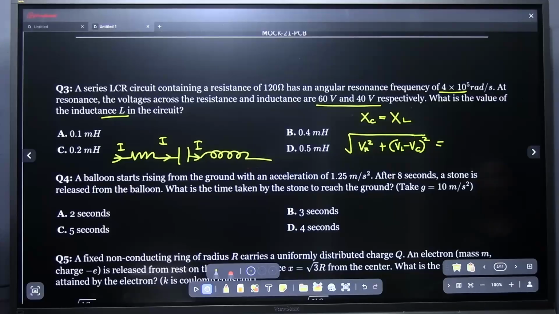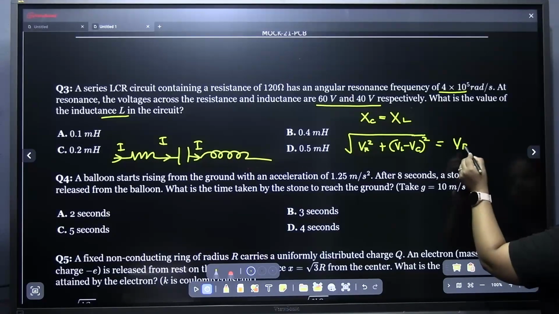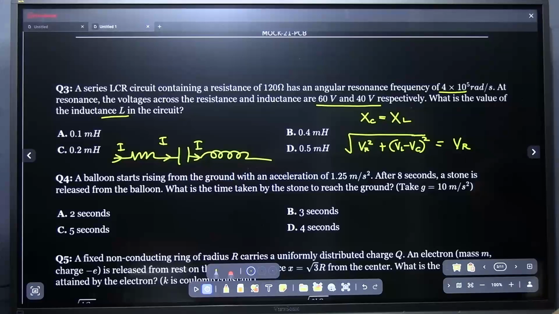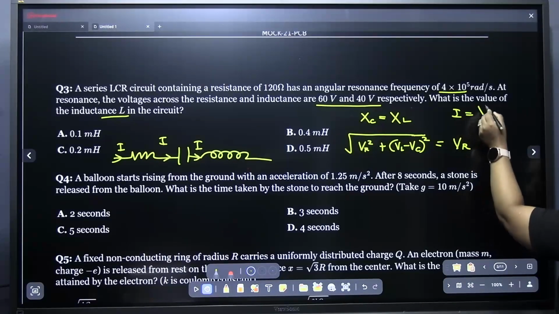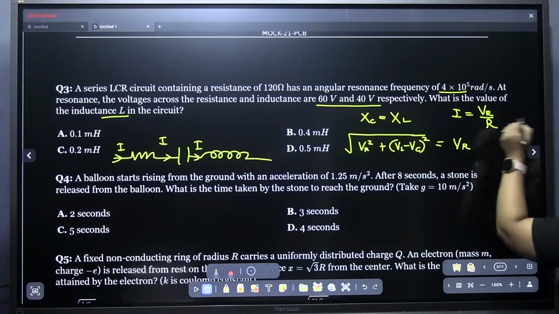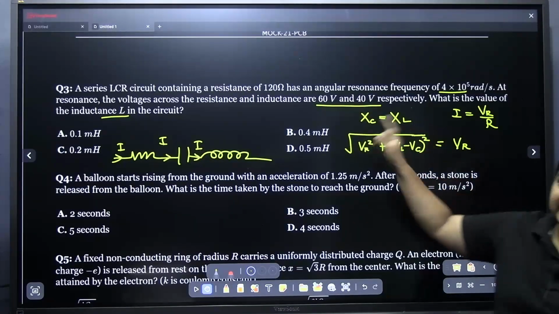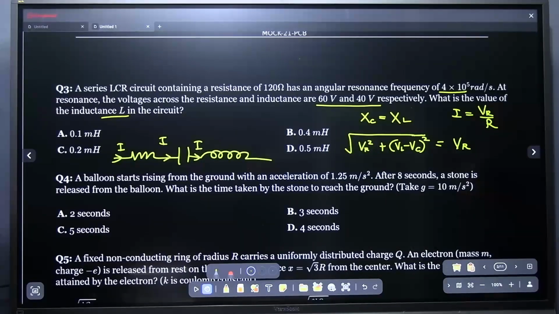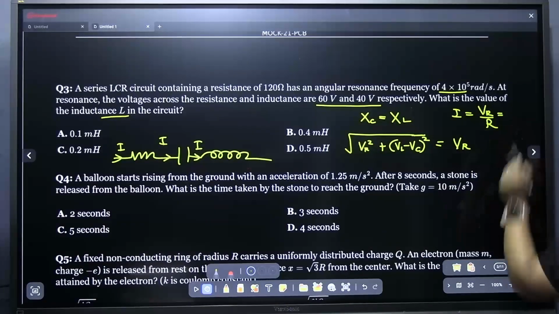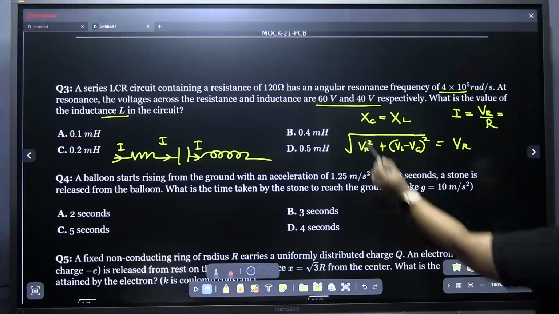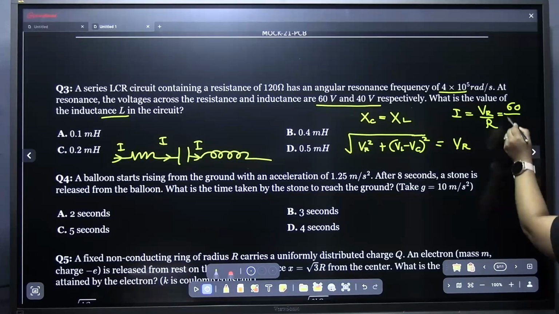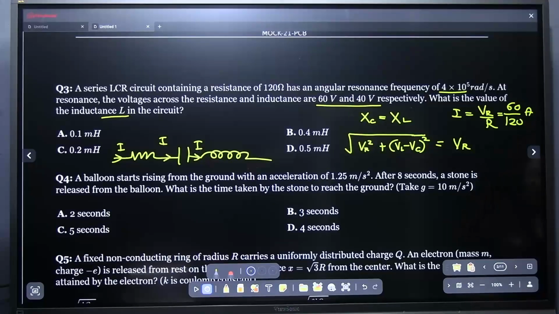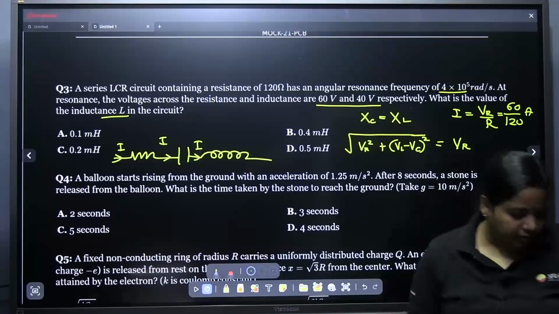This is basically equal to VR, which means if you want to find current, I is equal to VR by R, because XC and XL cancel each other because of resonance. From this you will get I equal to 60 divided by R. Is R given? Yes, 120 ohm. So 60 by 120 ampere. This is our current.